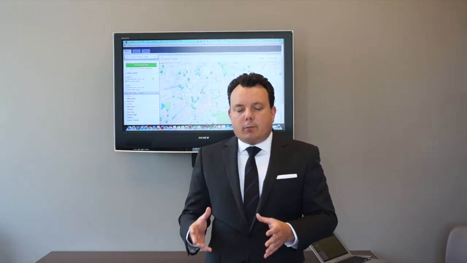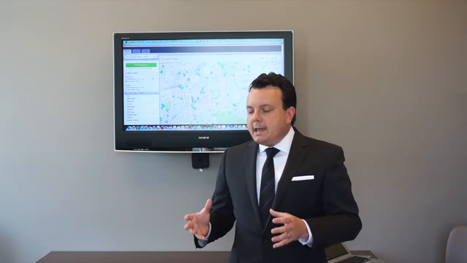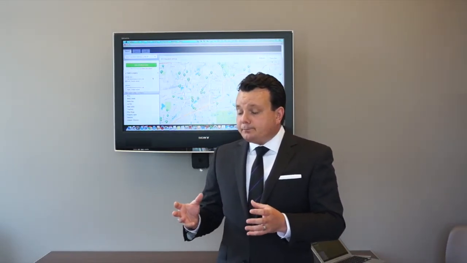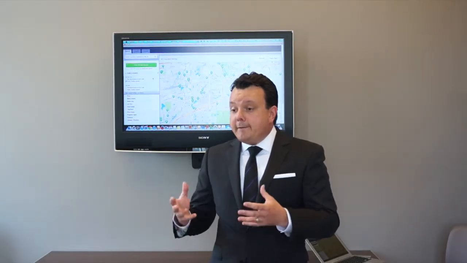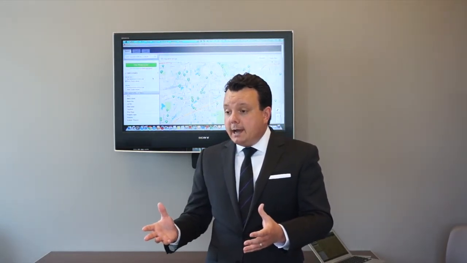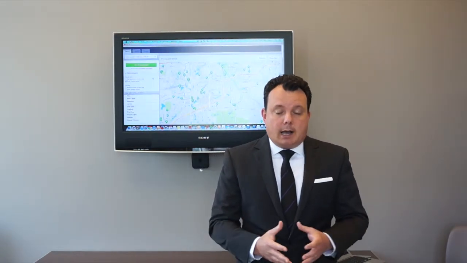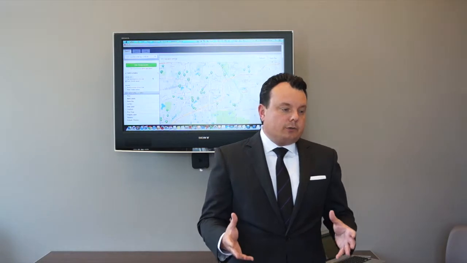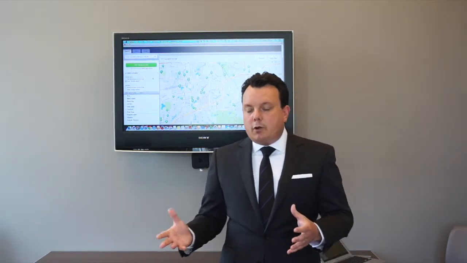But what we do when we're renting out one of these homes is we are marketing the property very similar to the regular homes that we would be listing for sale. The process is almost identical. The only difference that we have there is we're advertising on different websites because we are marketing towards renters, not towards home buyers.